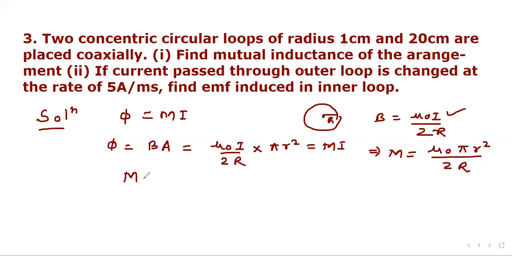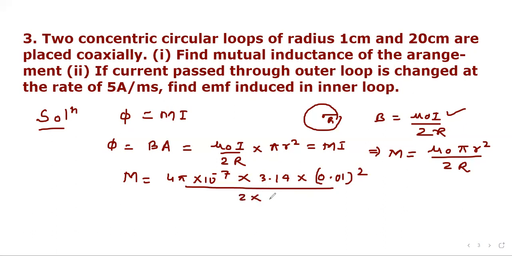M equals mu naught is 4 pi into 10 to the power minus 7 times pi, 3.14, into small r is 1 centimeter, means 0.01, square, divided by twice of capital R, that is 20 centimeter, that is 0.2. So if we simplify it, we will get 10 power 9 Henry.